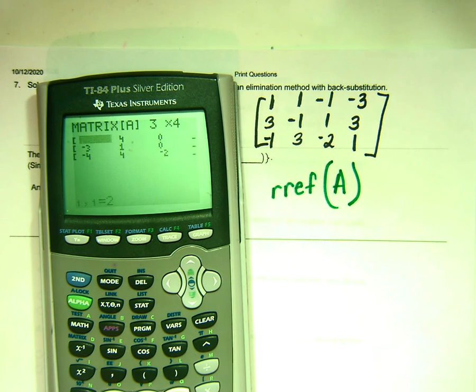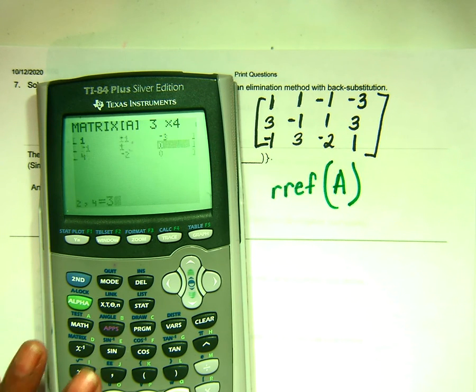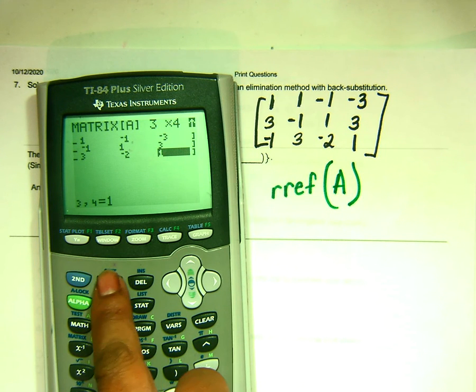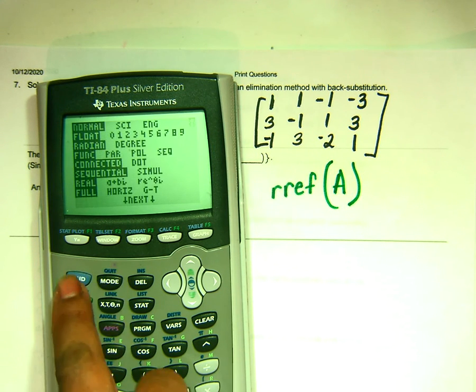So 3 by 4. So now we're going to put our numbers in it from left to right. So I have all my numbers in. Second mode, because that's your quitting.